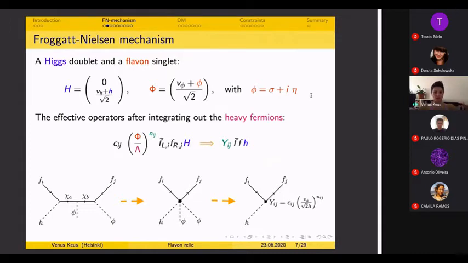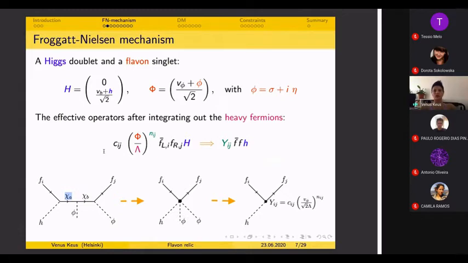At high energies, the Froggatt-Nielsen mechanism also assumes the existence of heavy fermions, represented here by chi A and chi B. So when you write the Yukawa part of the Lagrangian, you don't actually have the simple order 4 operator.